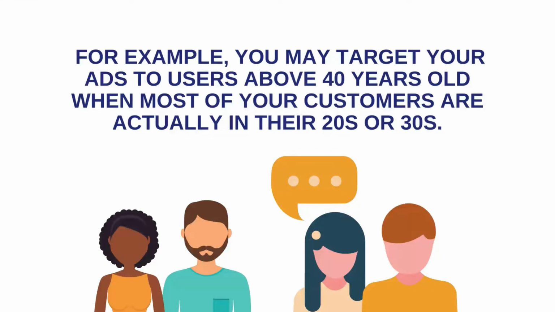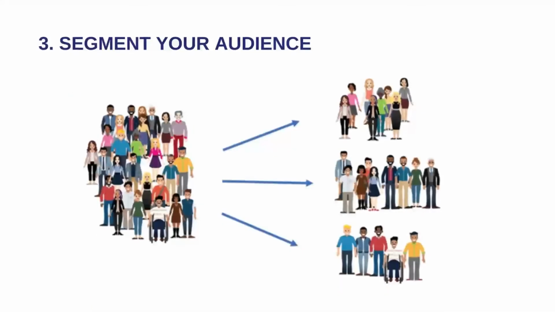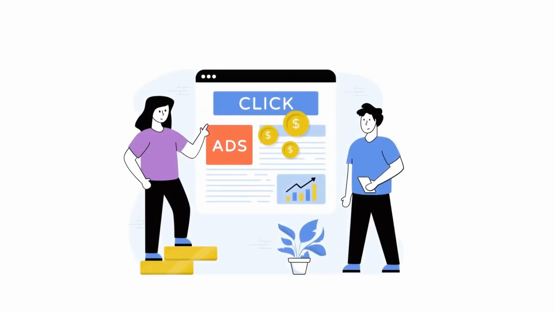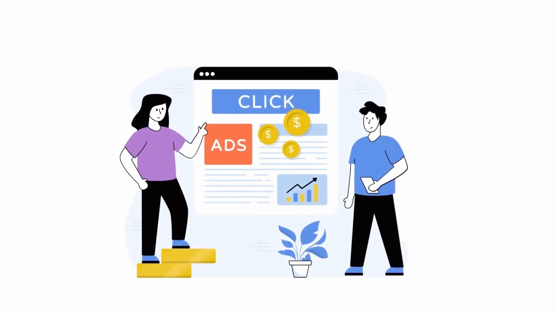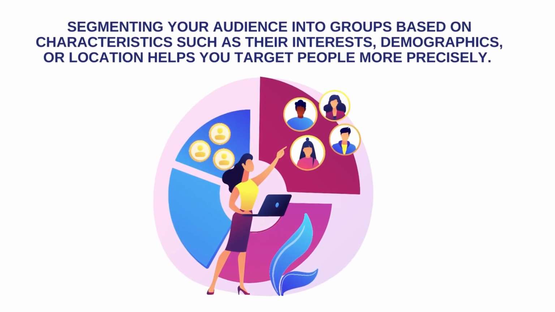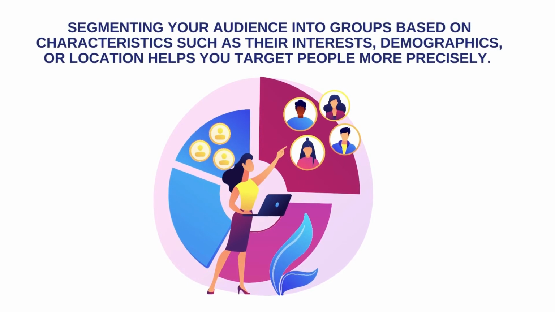Here's another useful targeting tip for increasing your PPC conversion rate: segment your audience. Segmenting your audience into groups based on characteristics such as their interests, demographics, or location helps you target people more precisely. Then, you can create different ads and landing pages for each group based on their unique characteristics.